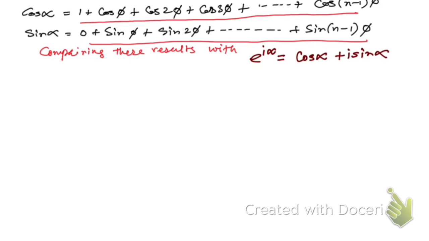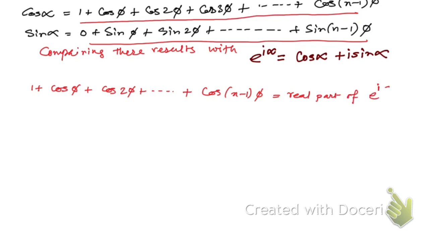So we can write that 1 plus cos phi plus cos 2 phi plus dot dot dot plus cos (n minus 1) phi is the real part of e to the power I alpha.